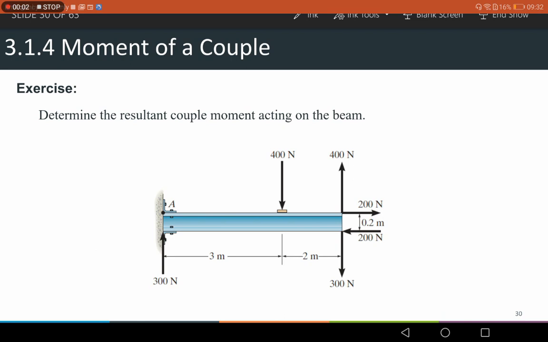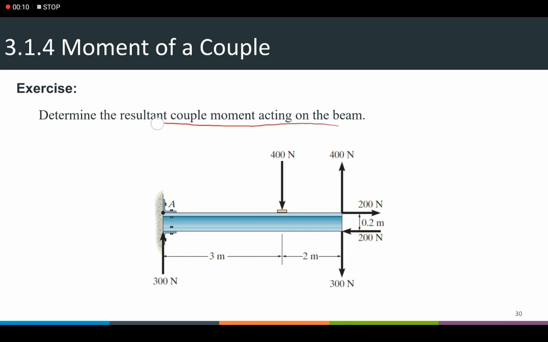Okay, exercise. Determine the resultant couple moment acting on the beam. Look at this figure. There are 3 couple moments. First, 300 Newton upward and 300 Newton downward.